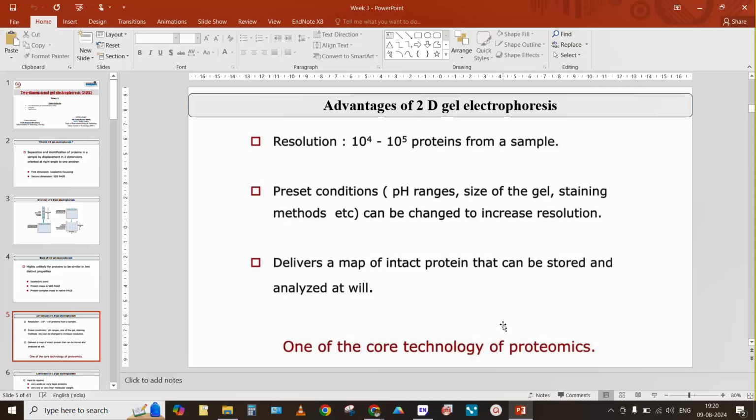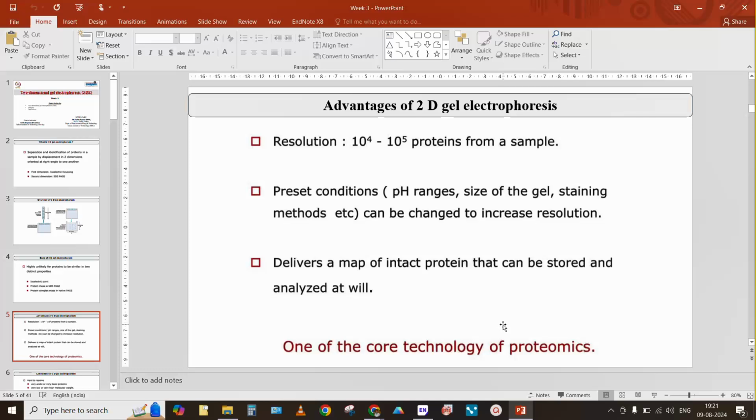The pH ranges, size of the gel and staining methods can be changed to increase the resolution according to the nature of the protein and proteomics work. This is one of the core technologies of proteomics.